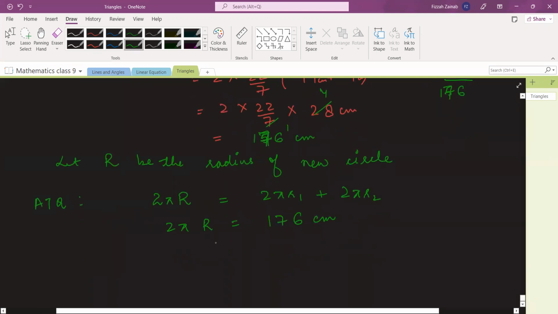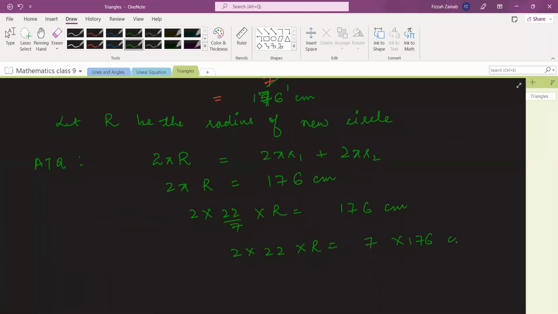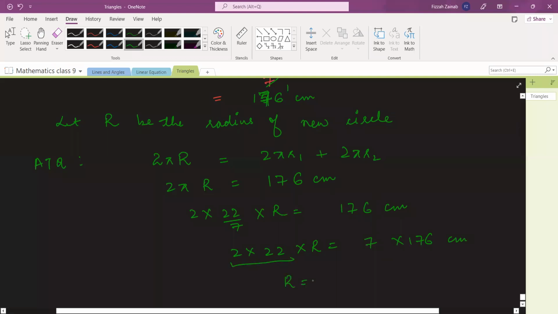Now you have to find capital R. So 2 into 22 by 7 into capital R is equal to 176 centimeter, right? Then you take 7 on the right hand side. So 2 into 22 into R is equal to 7 into 176 centimeter, correct? Now this will come in the denominator. So capital R will be 7 into 176 centimeter divided by 2 into 22.